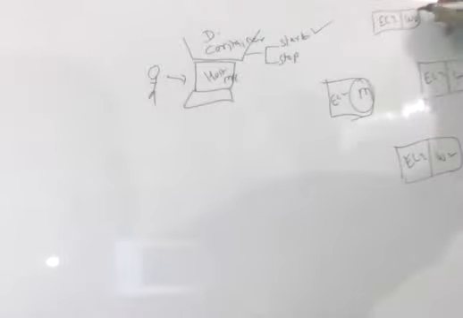Along with this, there is something called an agent, and in that agent, something called a task runs. Let's say T0 task, T1 task, and T2 task.